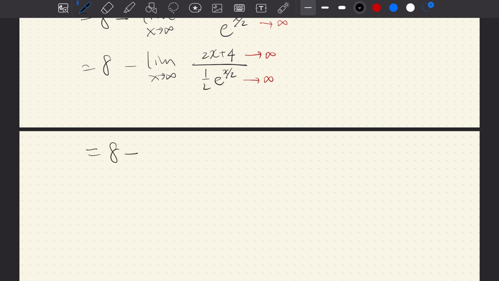So this is 8 minus the limit as x goes to infinity. Here the numerator becomes 2 after a second differentiation, and the denominator is 1/4 times e to the x over 2. So now when x goes to infinity, the numerator is just 2, but the denominator is going to infinity. So this limit is going to 0 from the positive side. So this is equal to 8 because the limit evaluates to 0.